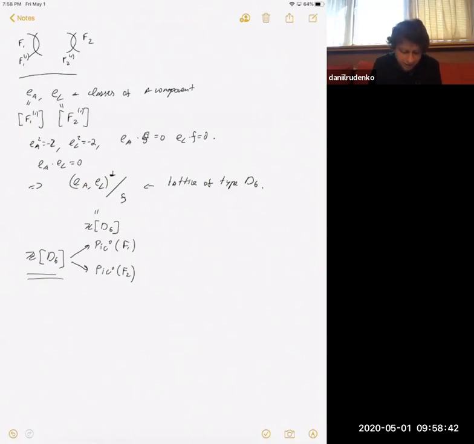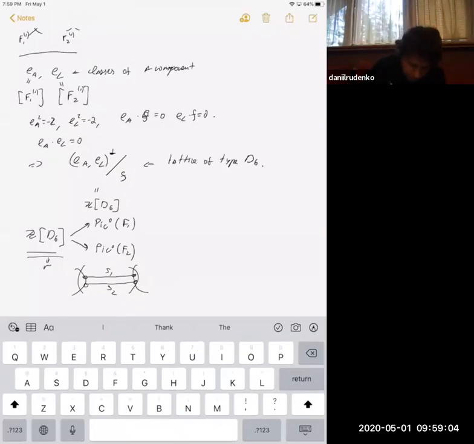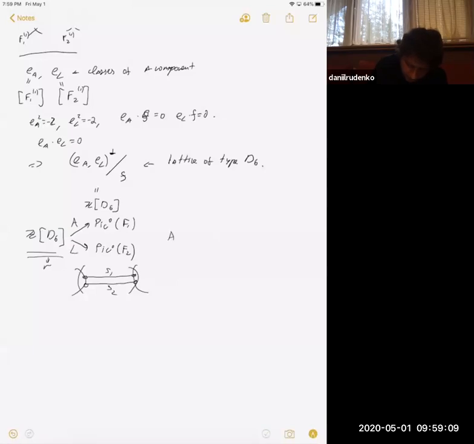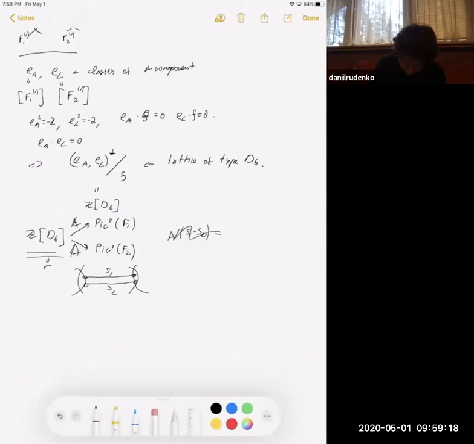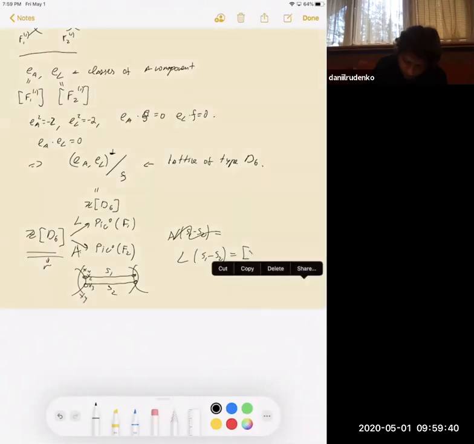And in practice, what it looks like if you take, for instance, a root here, which looks like a difference of two sections, like this, then if it happens that both sections intersect the same components of the fiber, then the image of this S1 minus S2, so let me call this map A and L, is just a cross ratio of 4 points x1, x2, x3, x4 on P1.